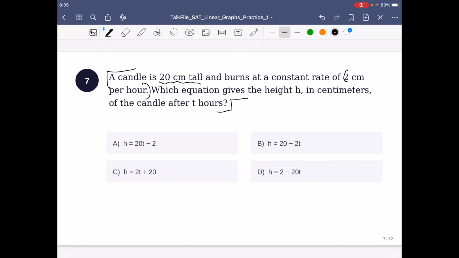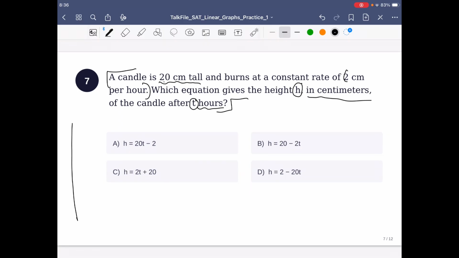Which equation gives the height h in centimeters of the candle after t hours? So h is one variable and t is the other variable, and we are going to find the relationship between h and t.